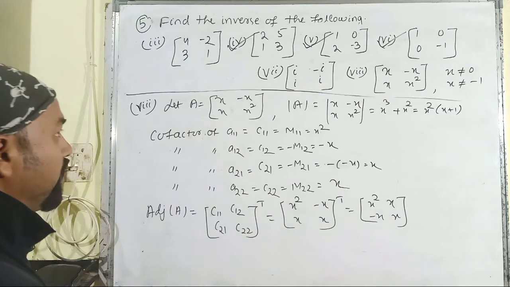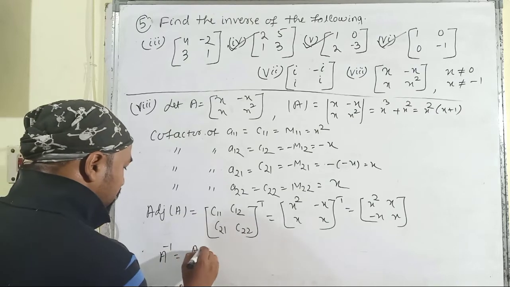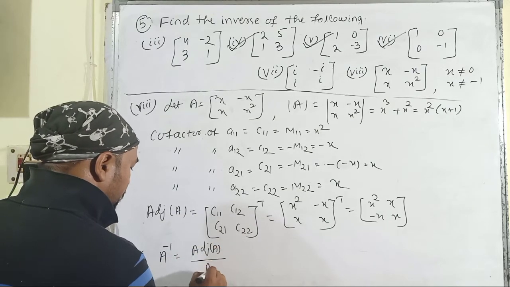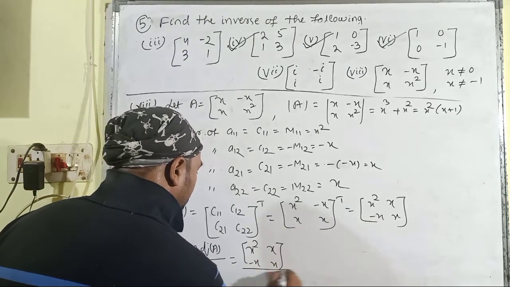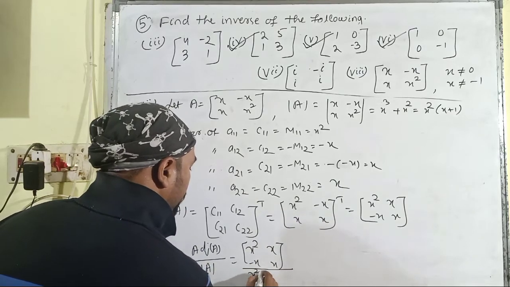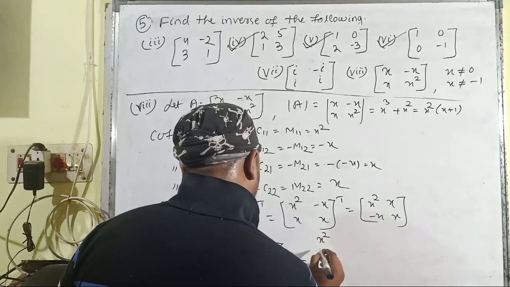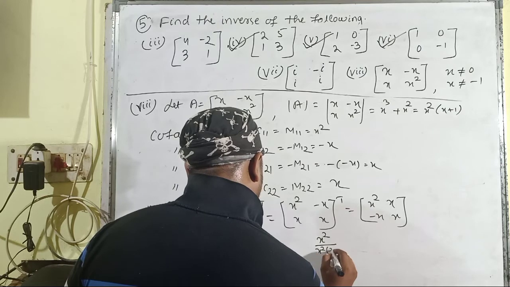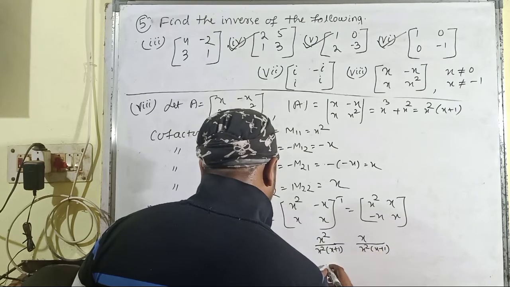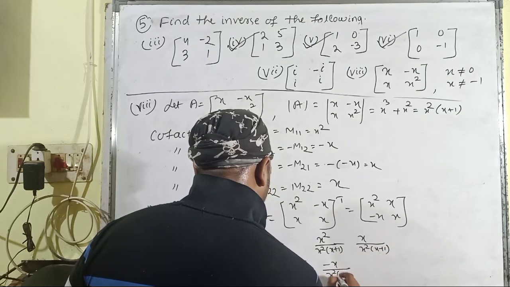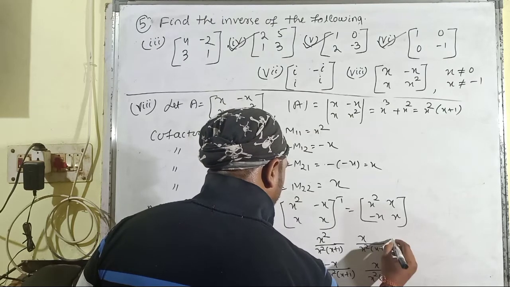Then we have to find the final required result, that is the inverse of A, which is defined as adjoint of A divided by determinant of A: [x square x; -x x] divided by x square multiplied with x plus 1. That is equal to x square divided by x square multiplied with x plus 1, then x divided by x square times x plus 1, then minus x divided by x square times x plus 1, then x divided by x square times x plus 1.